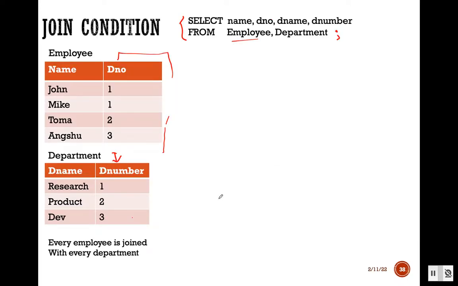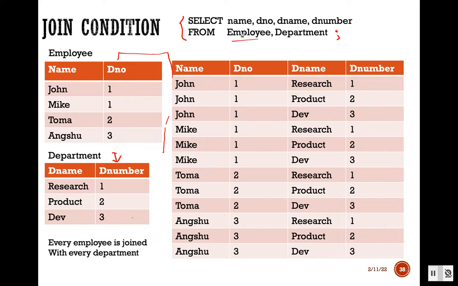So for example, here I am selecting name, DNO, D name, D number from employee and department. Every employee will be joined with every department, and the result is like a cross product. If employee is a set and department is a set, the result will be a cross product of every employee with every department.